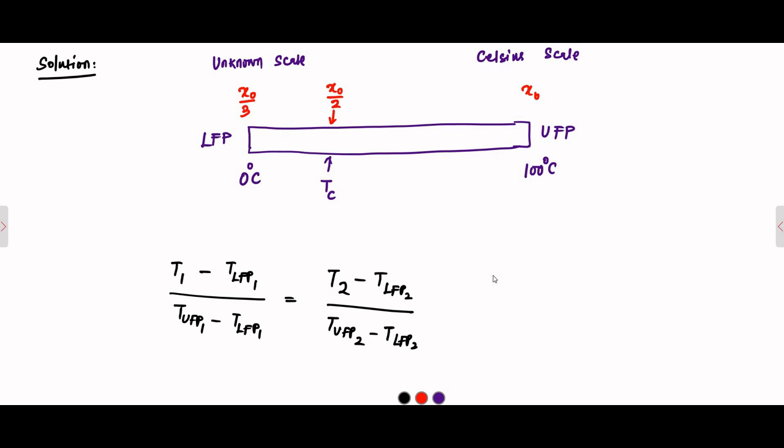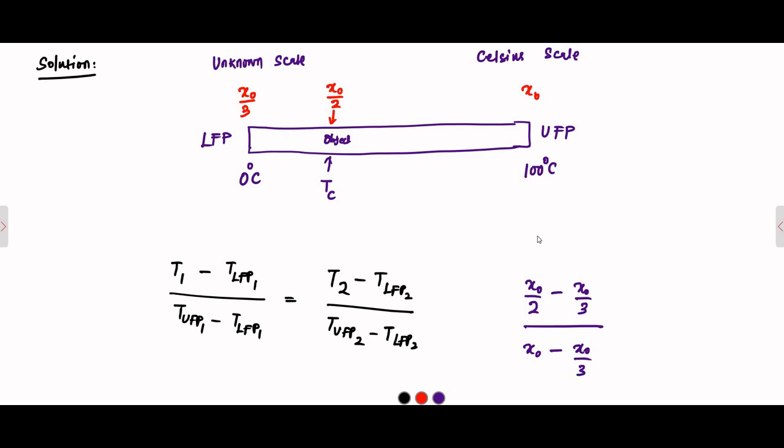The specific temperature of that object in the unknown scale is x0 by 2. So we'll put x0 by 2 here, minus the lower fixed point temperature, which is x0 by 3, by the upper fixed point temperature of this unknown scale, which is x0, minus the lower fixed point, which is x0 by 3.